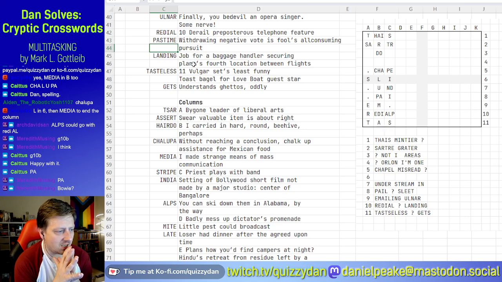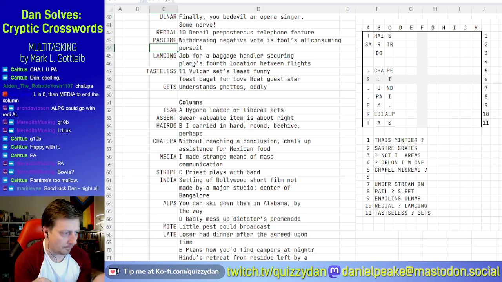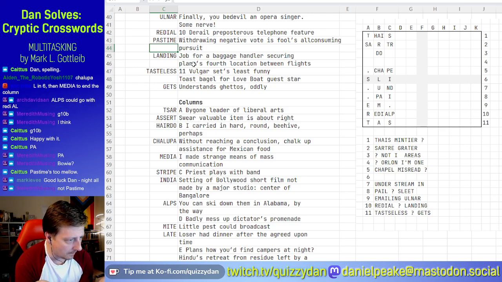But I don't see anything to do with a negative vote or a fool. So a fool is a sap. A fool is a sap. But how do you get the negative vote to be emit?